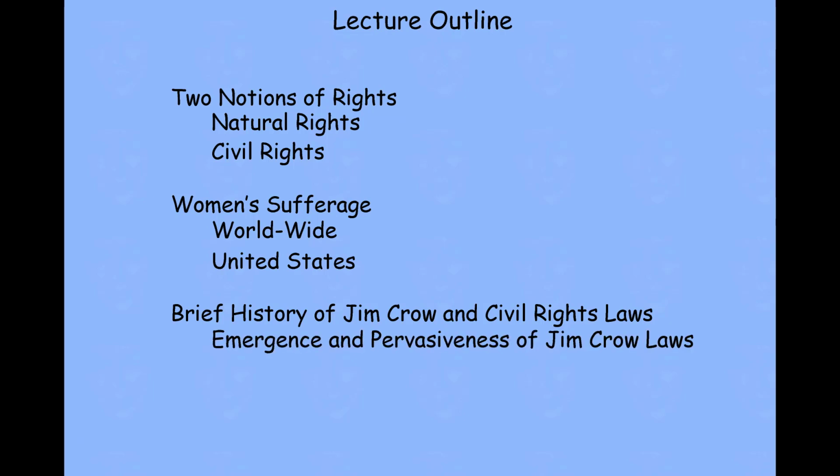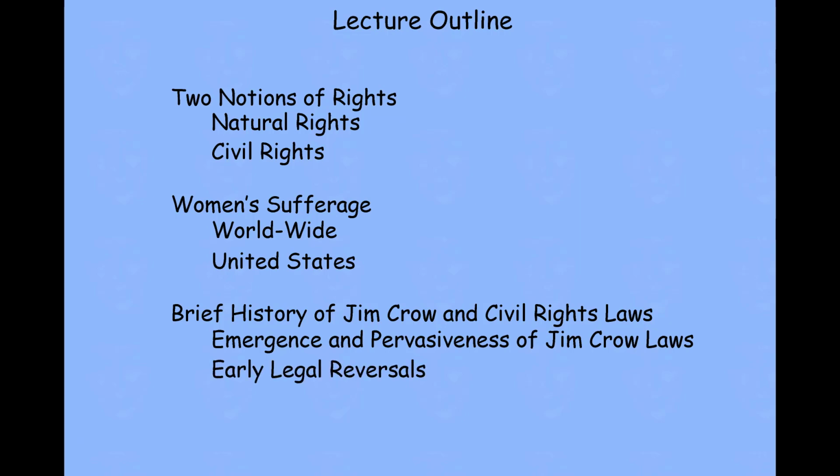So we'll start off talking about the emergence of these sorts of discriminatory laws, which sought to deny certain members of society their rights, sought to separate certain members of society from other members of society. And I'll talk about the pervasiveness of these kinds of laws, much wider than oftentimes people associate with the term Jim Crow law.